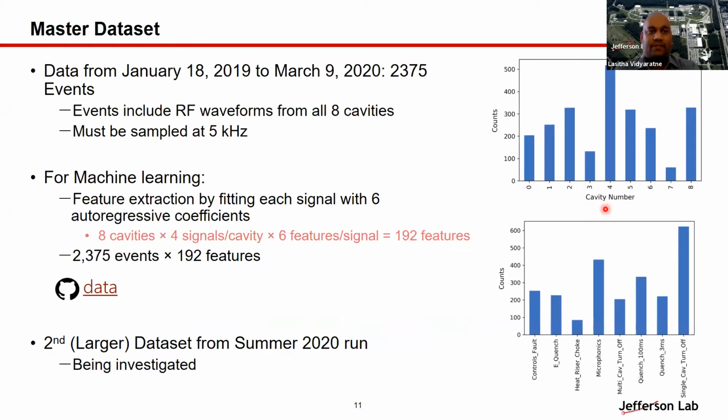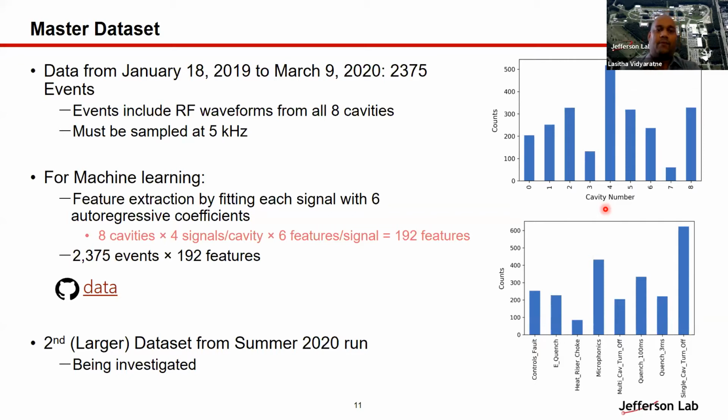So with that, we actually first construct our master data set. We collect data from January 18, 2019 to March 9, 2020, which gave us 2,375 total number of events for us to analyze. The events were chosen to have RF waveforms recorded from all 8 cavities without any missing data. And we also had a restriction to be sampled at 5 kilohertz.